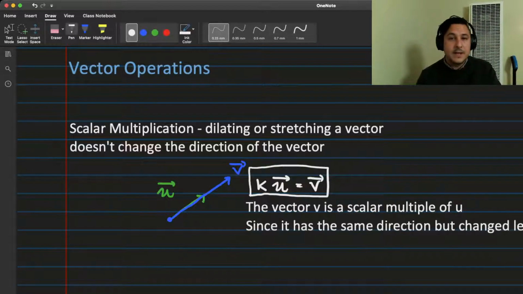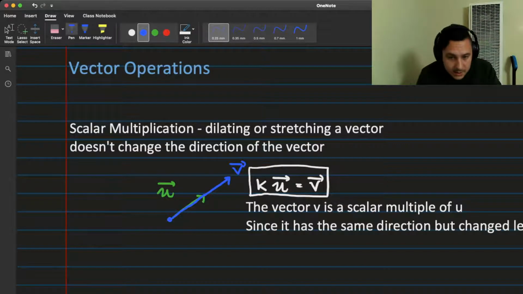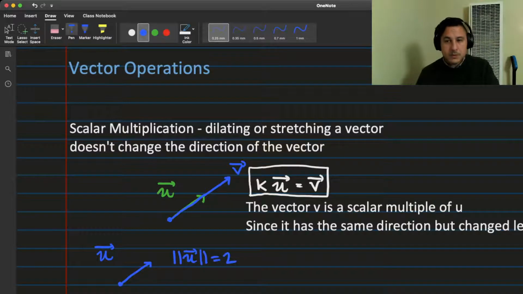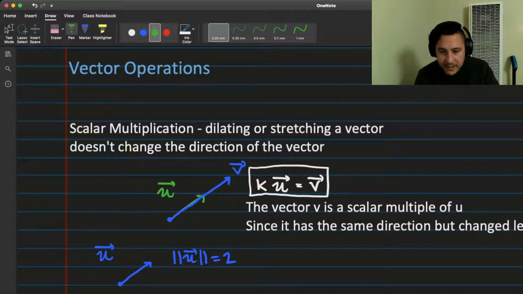So let's give an example here. Let's say you have u. The vector u looks like this, and you know that the magnitude of u is 2. What do we know now about the vector v, which is equal to 3u?